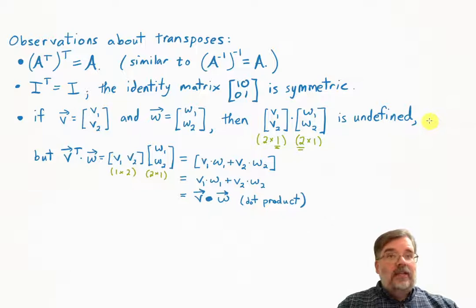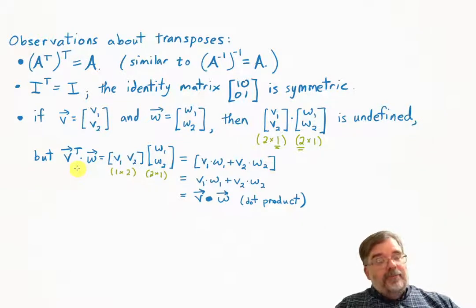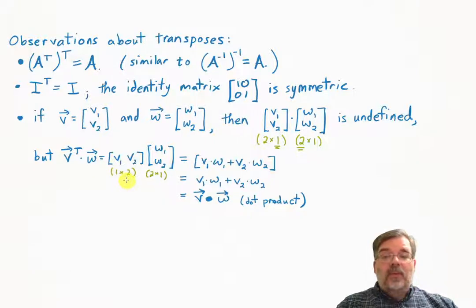You can't calculate that. However, if you take the first vector and transpose it, so the 2 by 1 becomes a 1 by 2, then you can calculate this as a matrix product. V transpose times W, you have one row times one column. And calculating that, in the same way we calculate the product of matrices, gives you a 1 by 1 matrix.